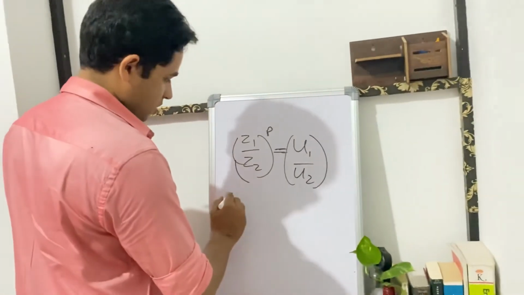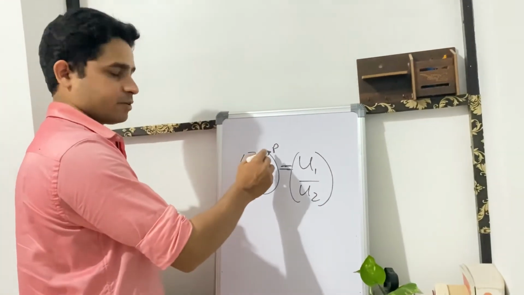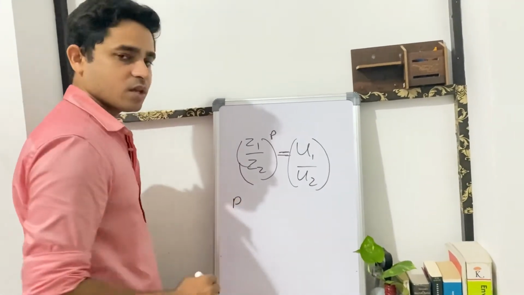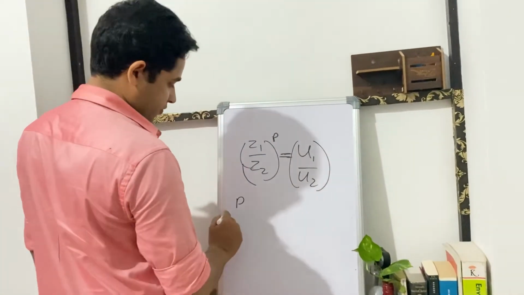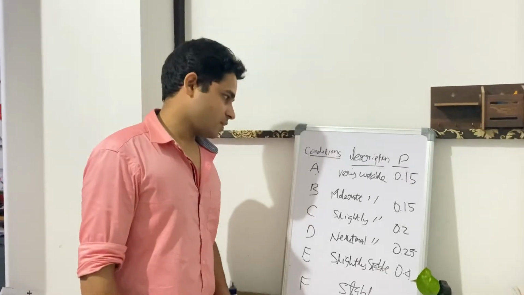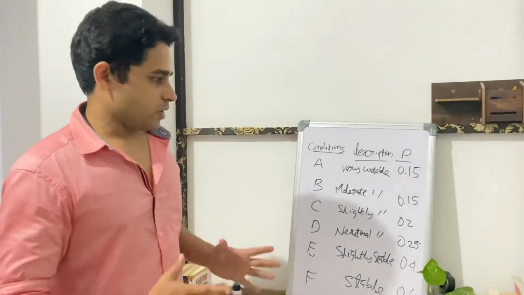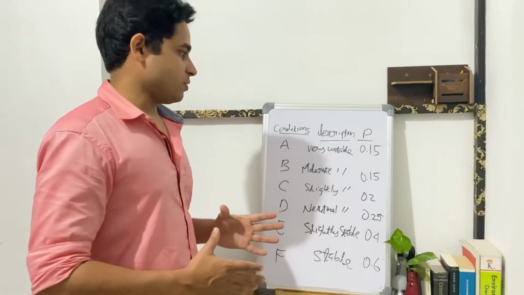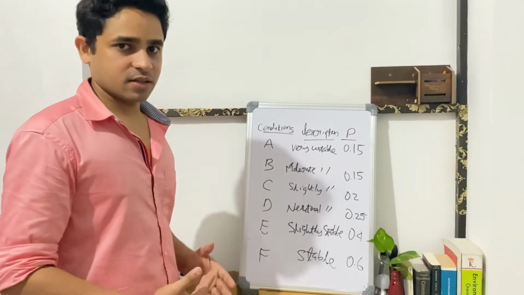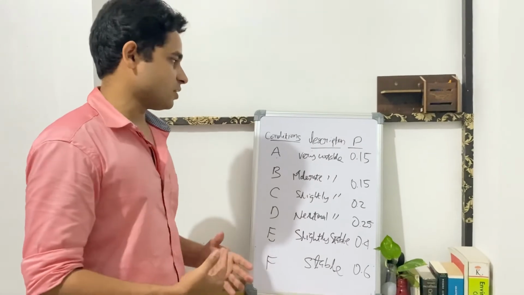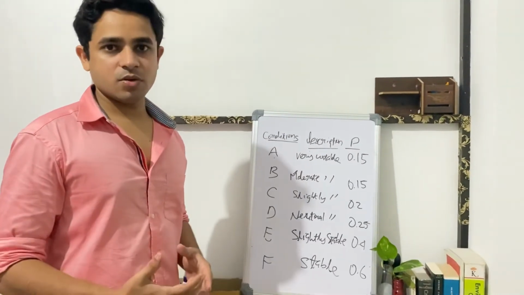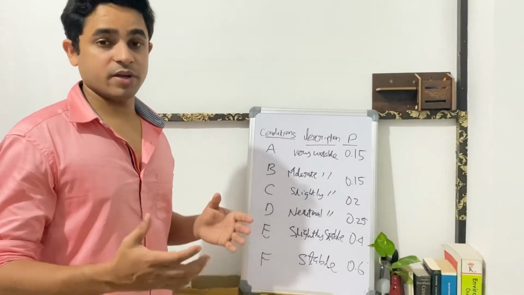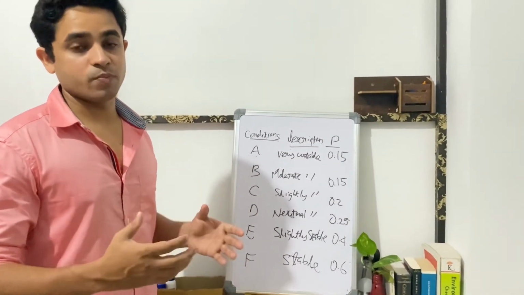So the atmospheric conditions can be defined by this dimensionless quantity known as P. Okay, so the P factor, if we determine the P factor, we can determine the conditions of the atmosphere. We can determine the conditions of the plume, the dispersion of the plume.